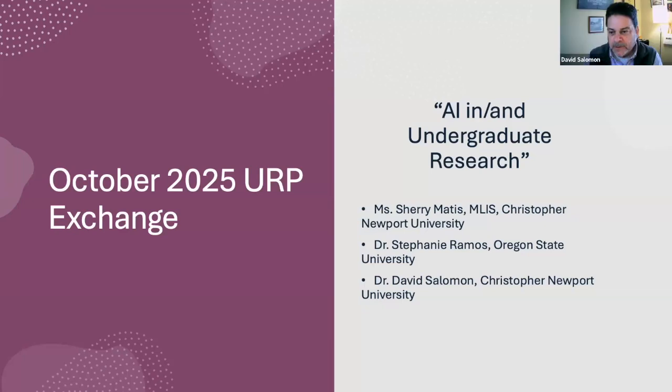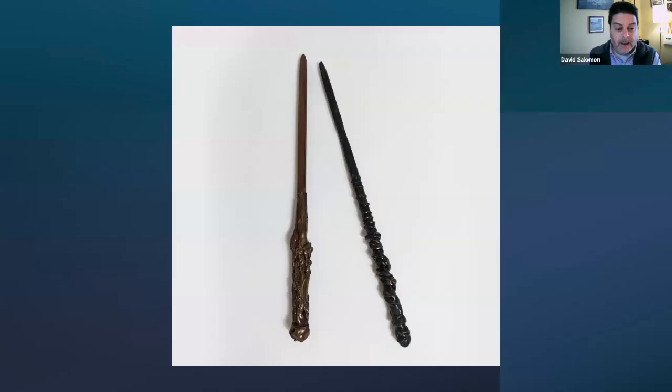And I am the third facilitator, and I've been working on issues related to AI pretty intensely for about the last year. As you'll see as we go through here, I don't think any of us have necessarily drunk the Kool-Aid. This is to be a discussion about what this is all about.